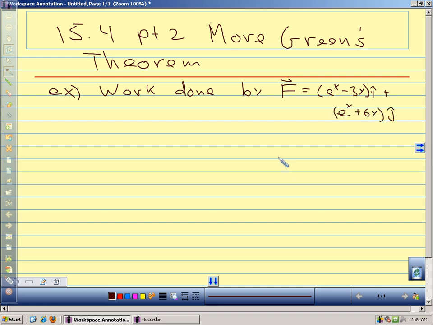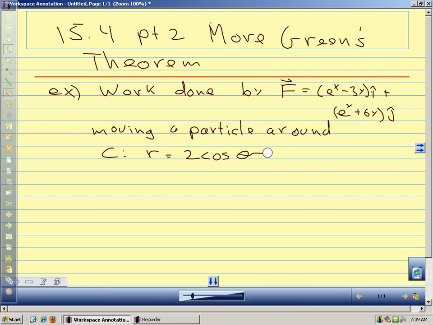We want to find the work done by this force moving a particle around the curve r equals 2 cosine theta, and we're going counterclockwise.